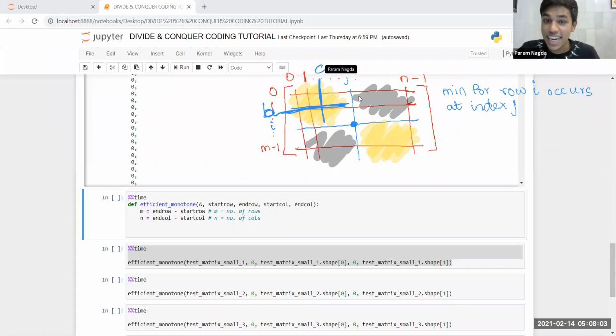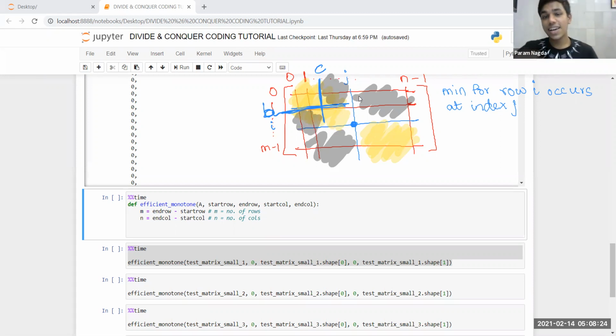What that does again is it will further divide that smaller matrix into 4 smaller parts. It'll divide it into the 2 yellow parts that will remain of interest to us, this one and this one. And it'll tell us that we no longer need to consider this area and this area, right?